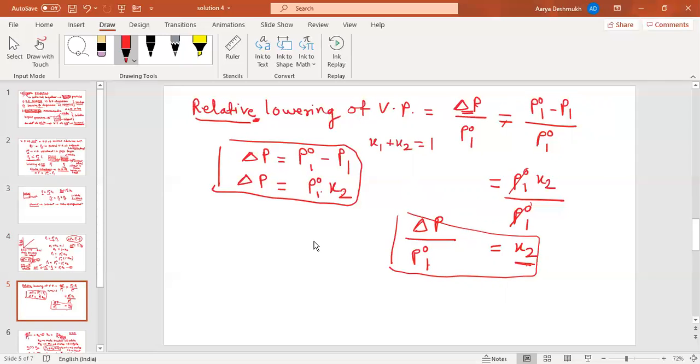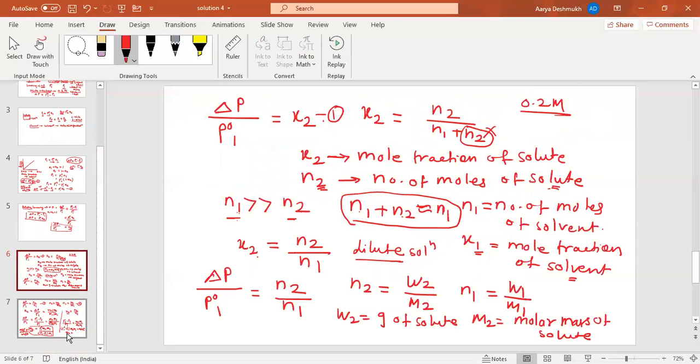Now if you proceed to the next slide, we have this equation delta P upon P naught 1 equal to X2, which we denote as equation number 1. Now we know that X2 will be equal to N2 upon N1 plus N2. X2 is the mole fraction of the solute here. What is this N2? N2 is the number of moles of solute.